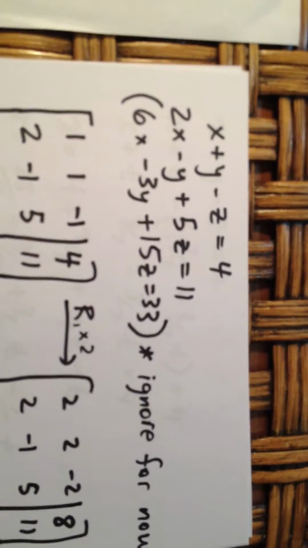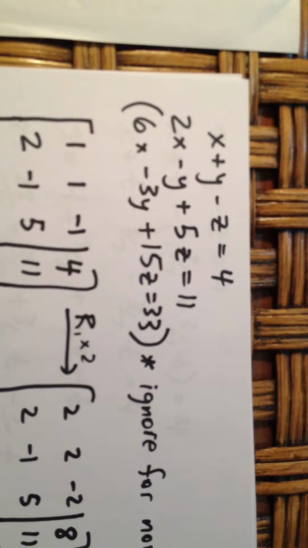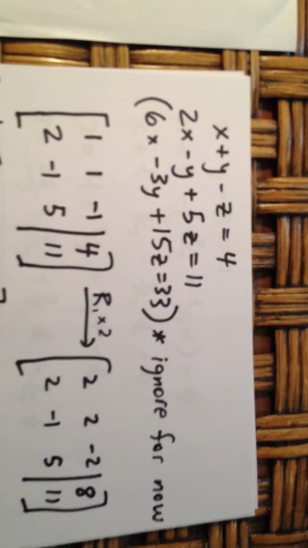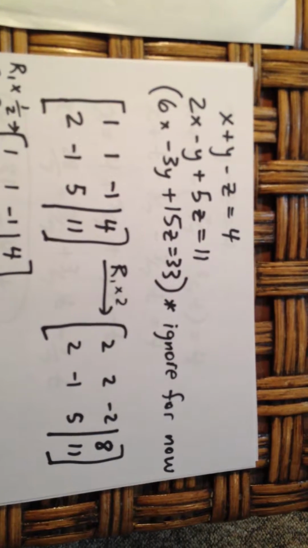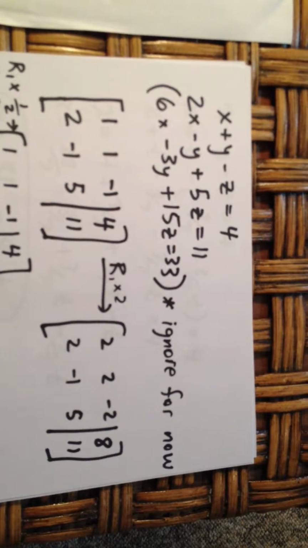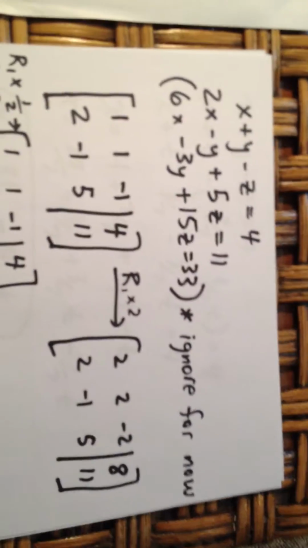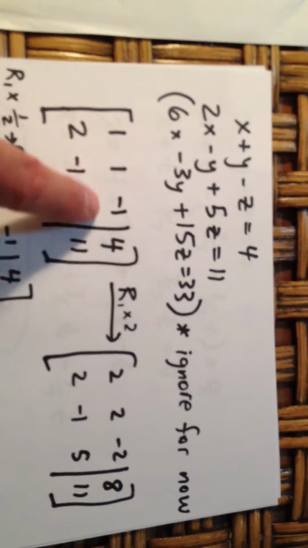So we set it up this way. x plus y minus z equals 4, and 2x minus y plus 5z equals 11. And we ignore that third plane of 6x minus 3y plus 15z equals 33 for now. So we set up our matrix as follows.